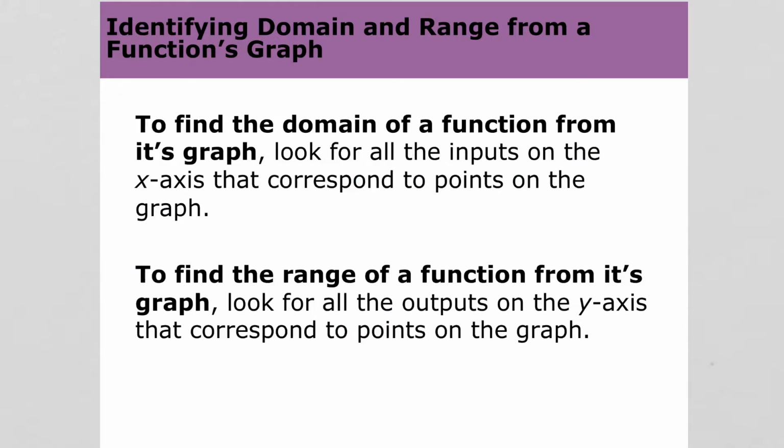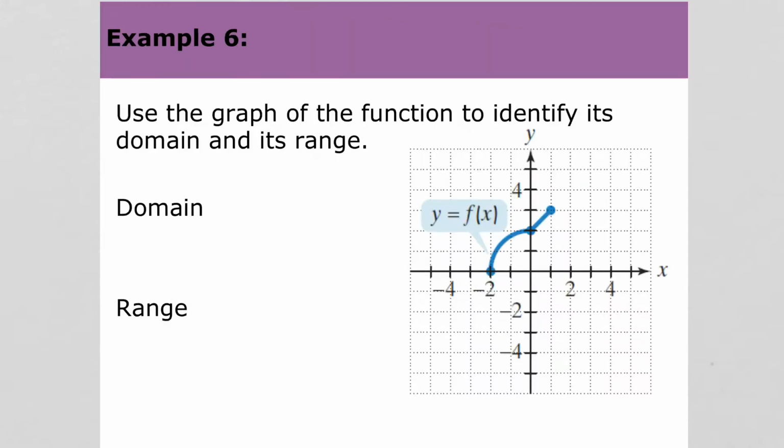Next, how do you look at a graph and determine different things from the graph? Okay, how do you determine the domain and range from the graph? Well, the domain are still the x values and the range are still the y values.